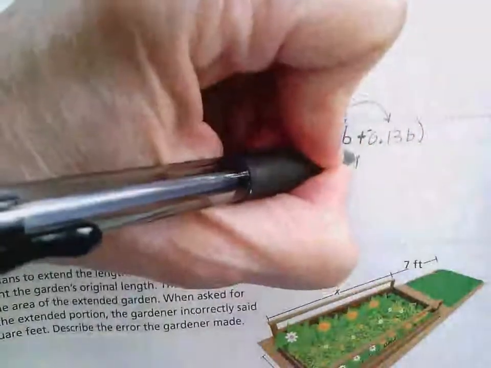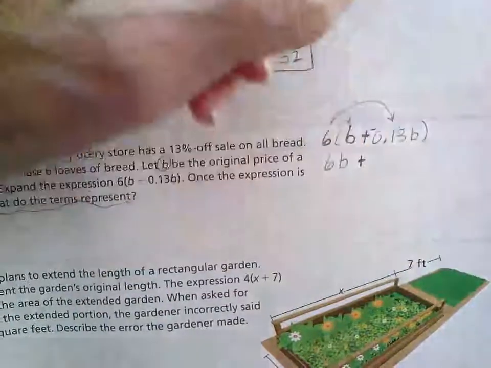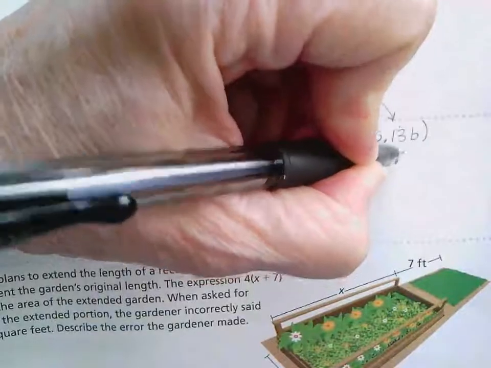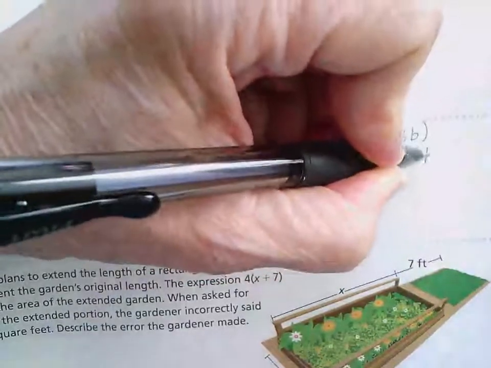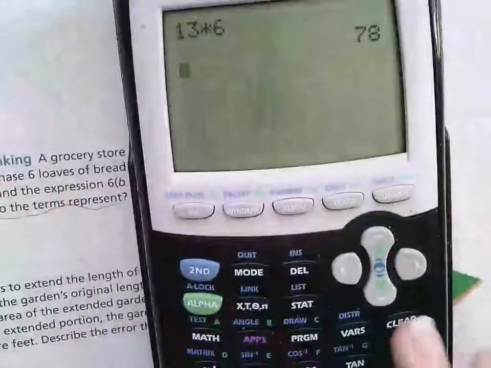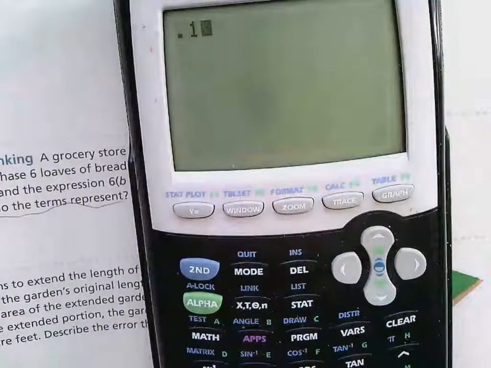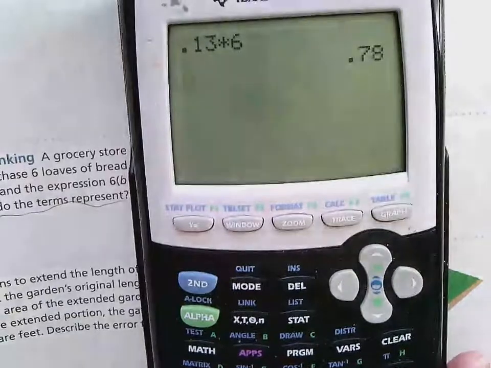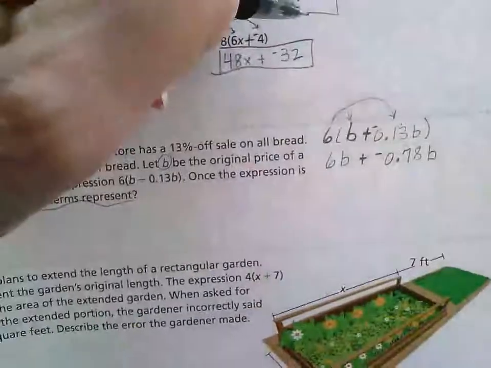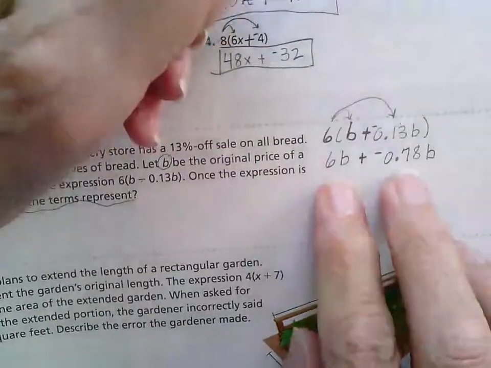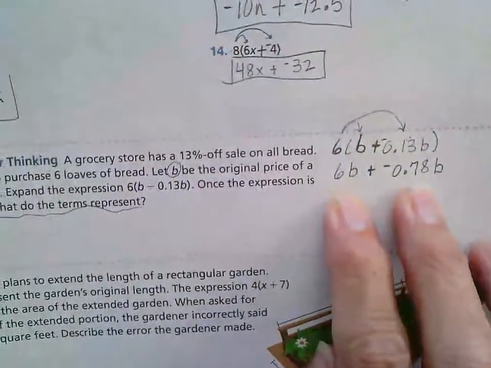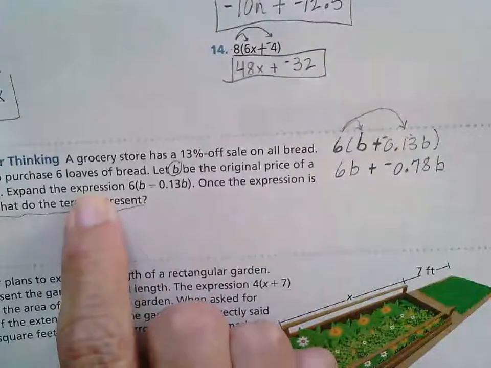So that's going to be positive times a negative is going to give me a negative. I should have done that with the decimal point. You can see it's 78 hundredths. So this is my expanded expression. So I did that part.